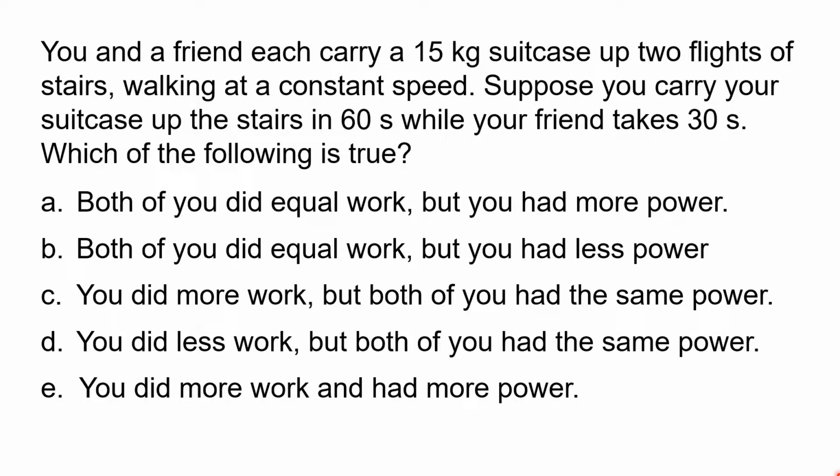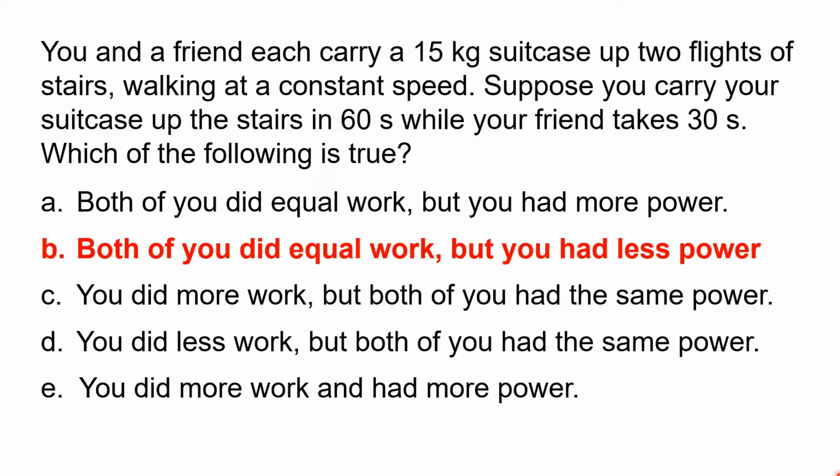Okay, so the answer in this case is B. Both of you did equal work, but you had less power. The work in this problem is just the gravitational potential energy that you gave the suitcase. So that was the change in energy that you provided. The gravitational potential energy is defined as the mass of the object, so in this case, the 15 kilograms, the acceleration due to gravity, which is the 10 meters per second squared, and then the height that the object gained.